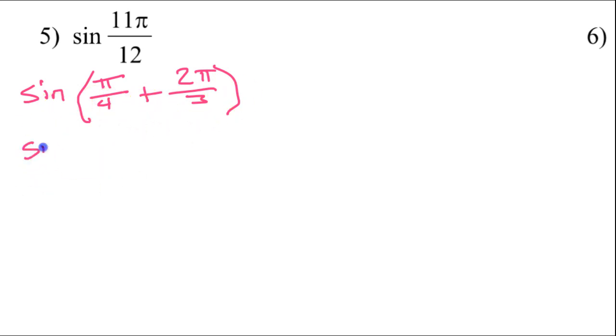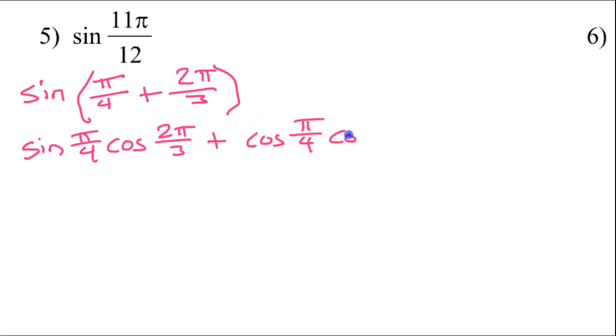So this will be sine pi over 4 cosine 2 pi over 3 plus cosine pi over 4 sine 2 pi over 3. I got carried away there with the cosines.